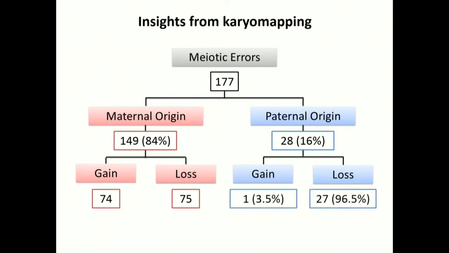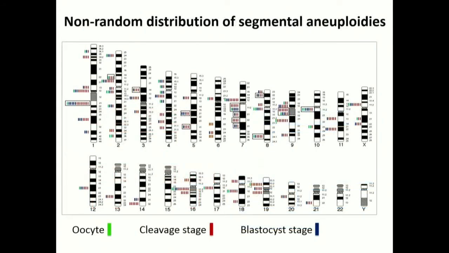But the interesting thing is in the paternal, we get far more losses. And actually, most of these are not whole chromosome losses, but segmental abnormalities. We've mapped out these segmental abnormalities that we see across the genome, and they don't randomly distribute. They are actually concentrated in certain areas.